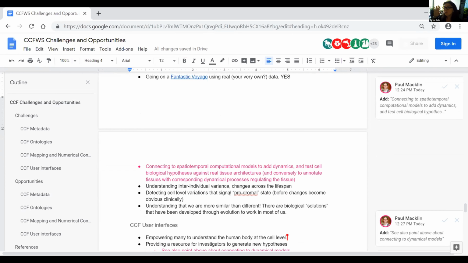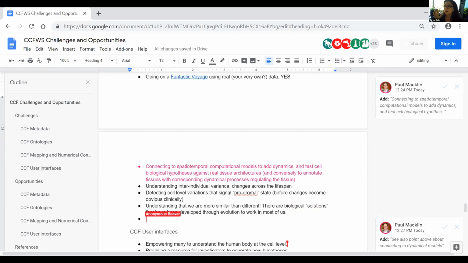I want to make one comment, which I made there in writing, but maybe just reemphasize. I come to biology from my physicist perspective, and I believe we are more similar than we are different. So having a lot of anxiety about how different we are going to be or small variations, I think is focusing on the wrong thing.